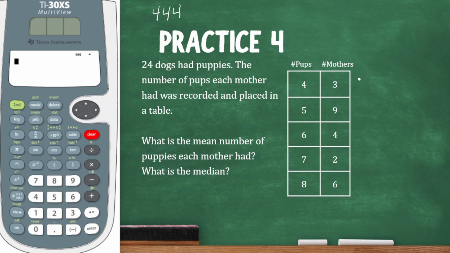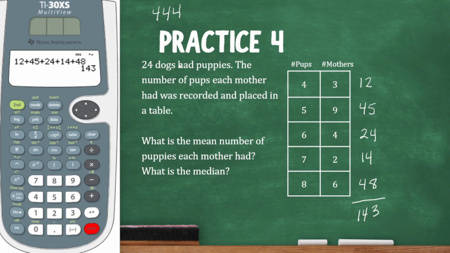So 4 times 3, there are 12 puppies there. 9 mothers each had 5 puppies, so that's 45 puppies. 6 times 4, 24, 14, and 48. So if we add up these numbers, we'll have the total amount of puppies. So let's go ahead and do that. So that's our total number of puppies.